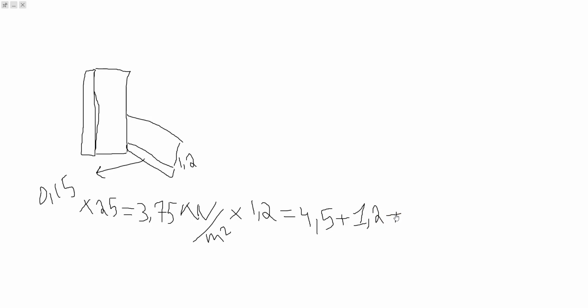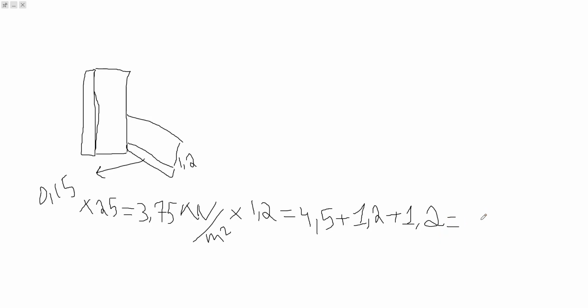Because these loads will transfer to the landing beam, we have to change it into distributed load, not as area load or shell load. And then we will add live load. This one is the dead load. We will add the live load 1 kilonewton per meter squared and multiply by 1.2, then it will also be 1.2.